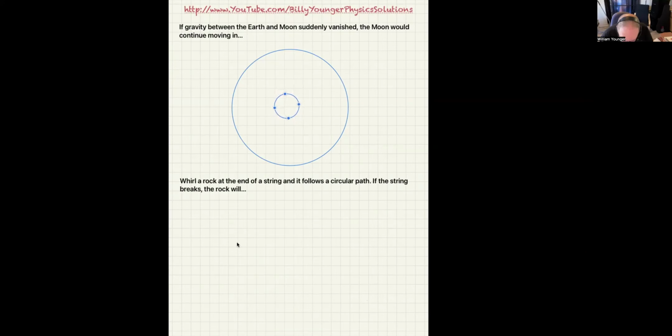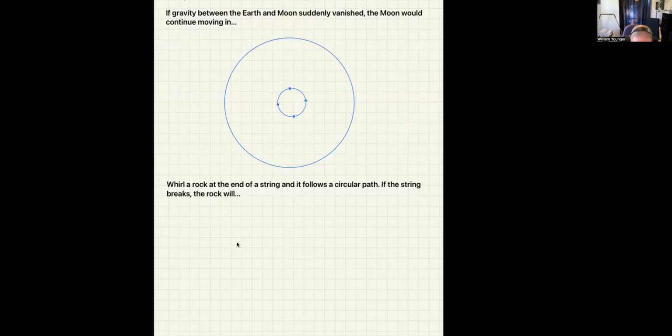So this looks a little closer to the center. That's pretty good, and that's supposed to be Earth. This is clearly not to scale, as those of you familiar with astronomy know that the Moon orbits about 60 Earth radii from the center of the Earth.